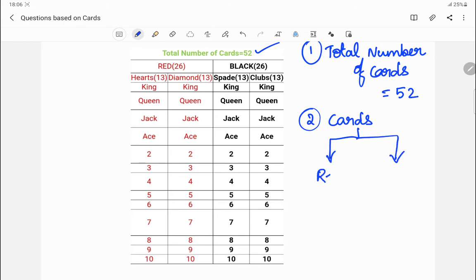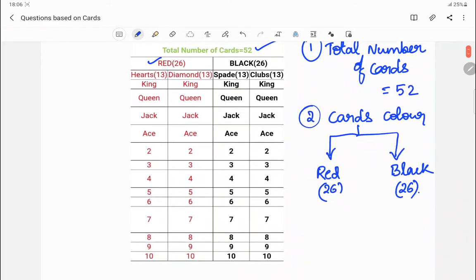One is red and the other one is black. As you can see on the screen, these are all the red cards. So there will be 26 red cards and 26 black cards.